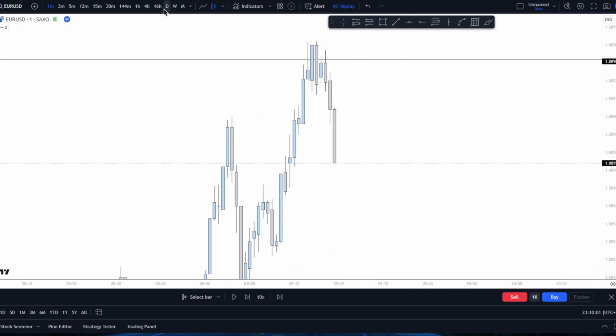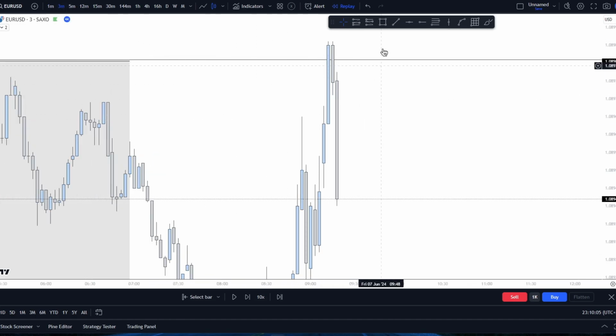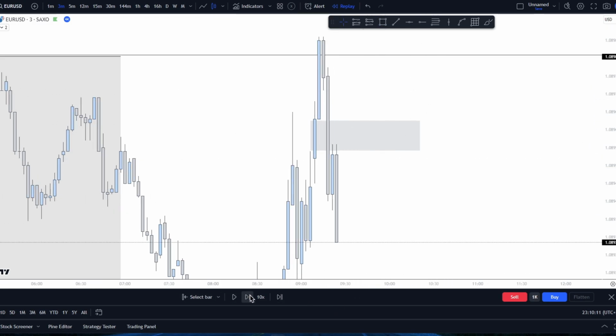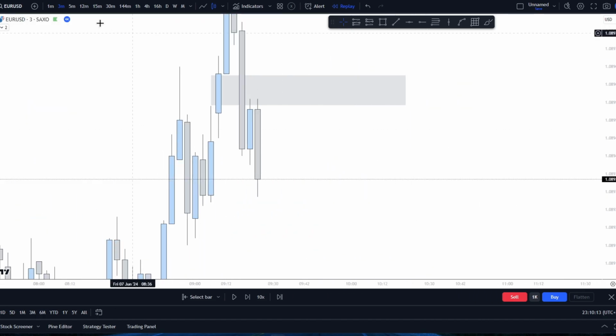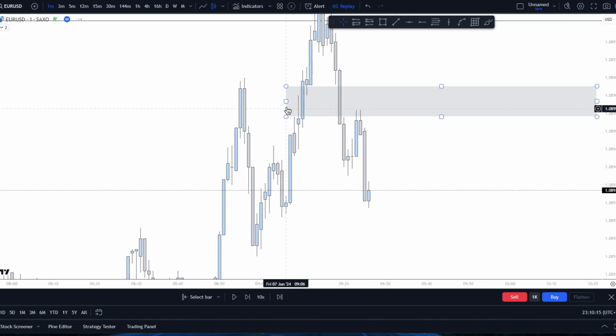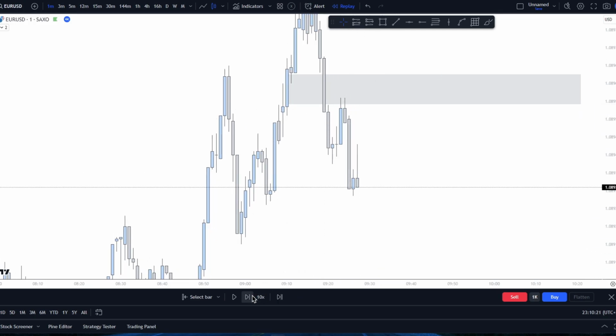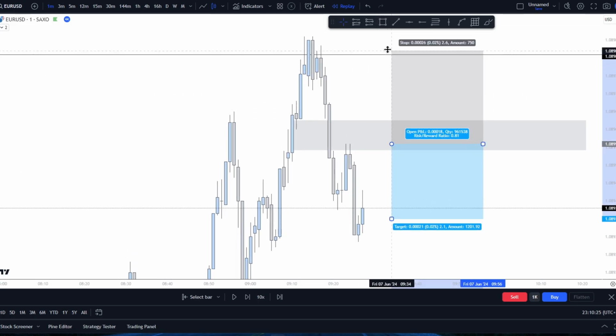Now I will mark a fair value gap, which would be an inverse fair value gap. We got a comeback here, but it was just like a tap in.